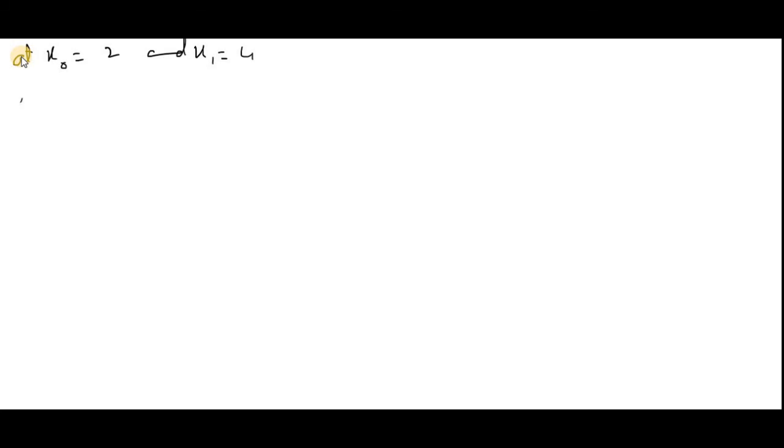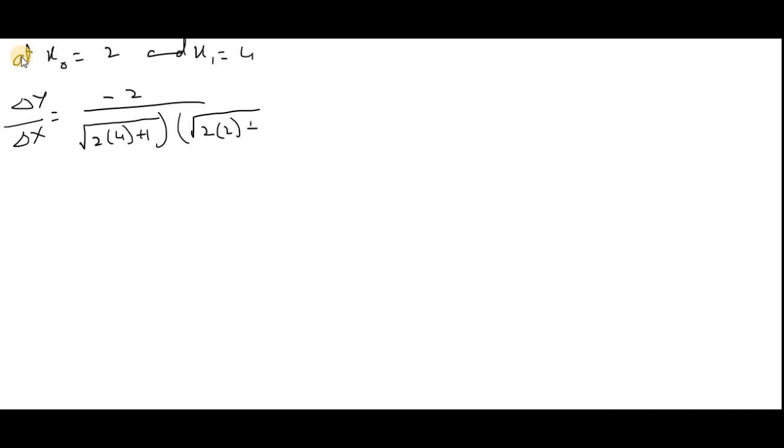So delta y by delta x is equal to minus 2 over under root 2 into 4 plus 1, under root 2 into 2 plus 1, under root 2 into 2 plus 1 plus under root 2 into 4 plus 1.